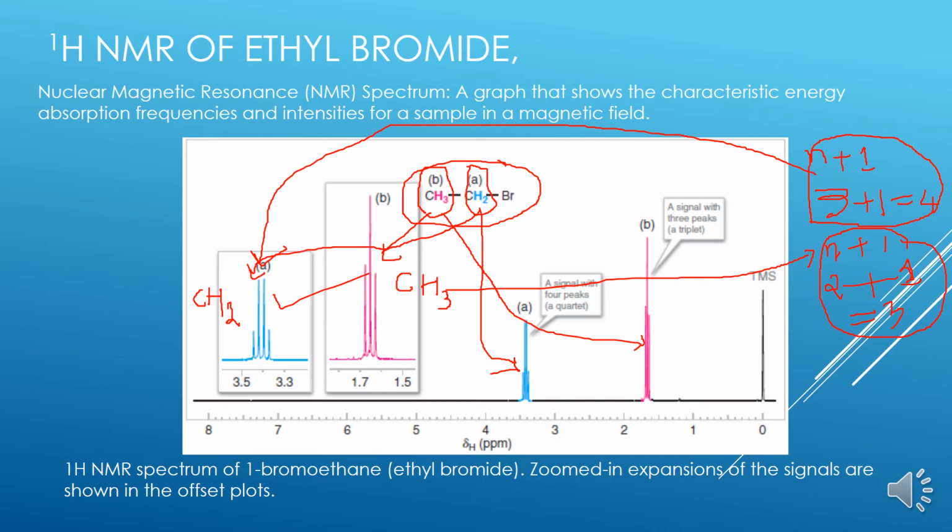Actually, only these two, methyl and methylene protons, are observed in NMR spectroscopy. Suppose we zoom in for high resolution, the splitting can be observed clearly. Okay, this is an idea regarding the proton NMR of ethyl bromide.